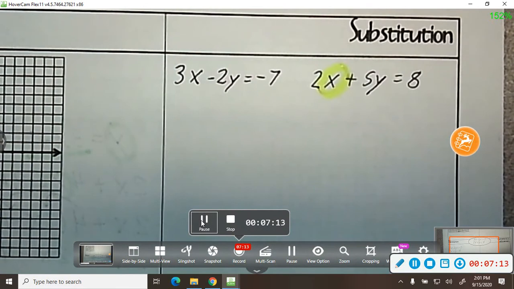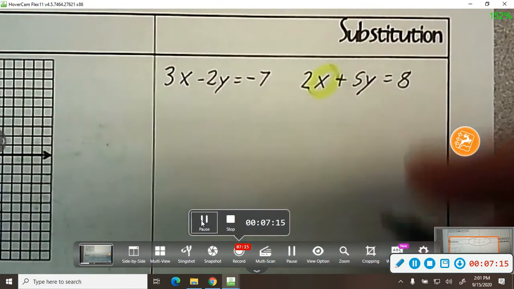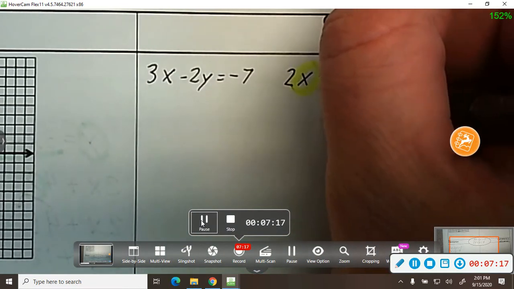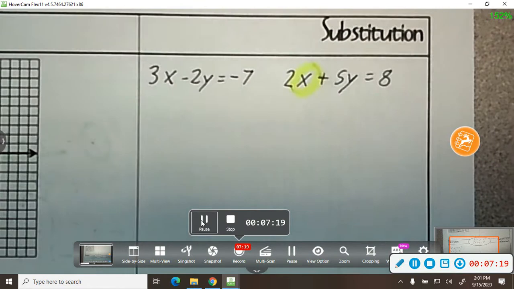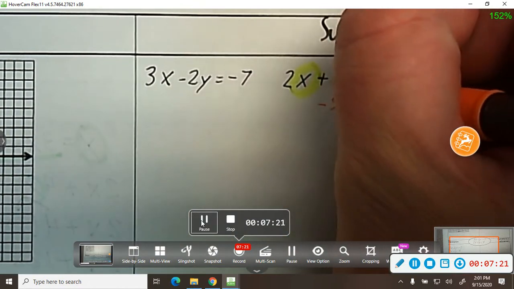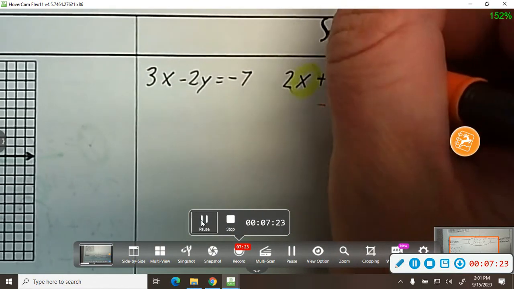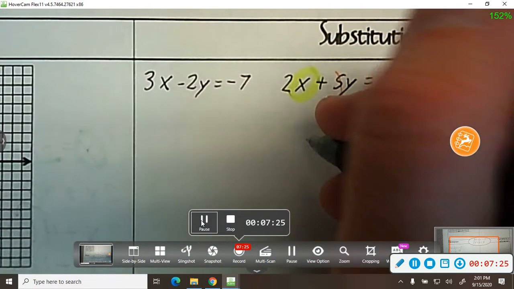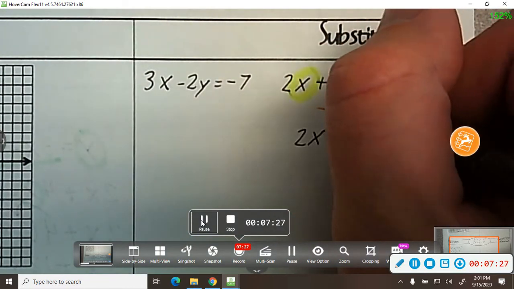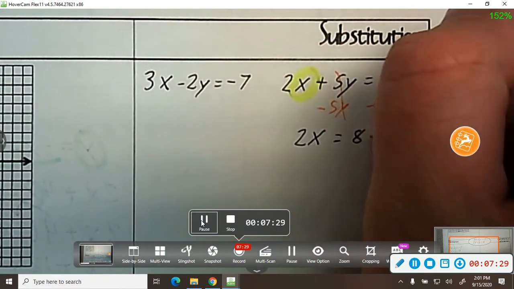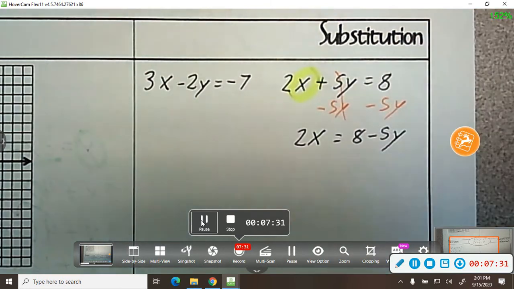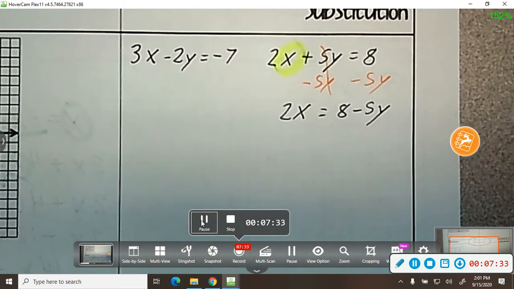Which means I'm going to solve for x. So let's see. I would go minus 5y on both sides. And then I get 2x is 8 minus 5y. And then I would divide everything by 2.